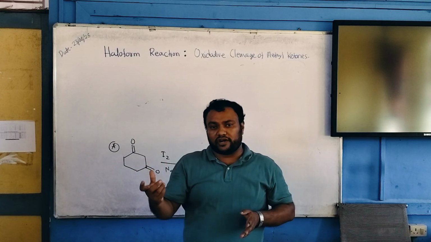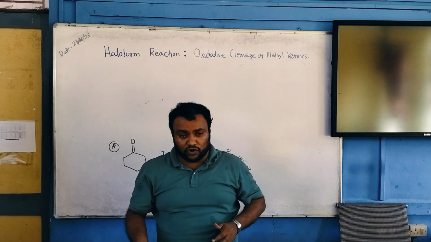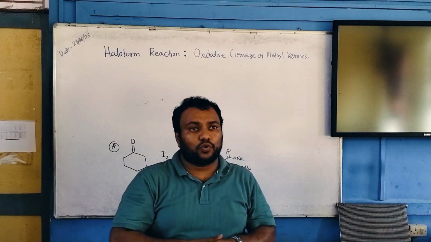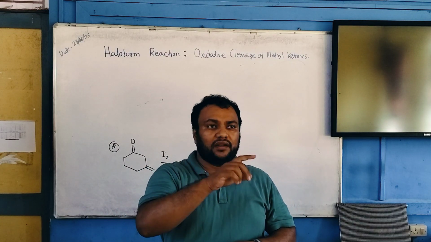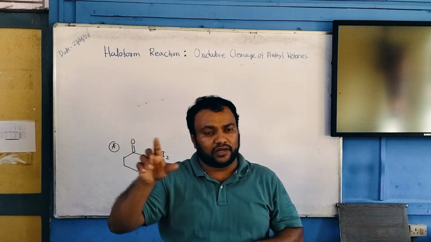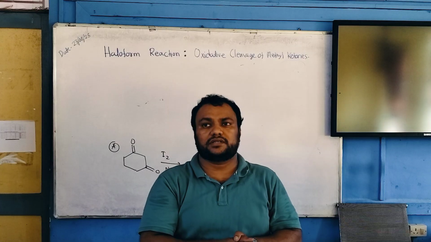This condition does not affect other oxidizable groups like carbon-carbon double bond. So if you have a carbonyl compound which contains a keto-methyl CH3CO unit, it will give you a positive haloform test or positive iodoform test.